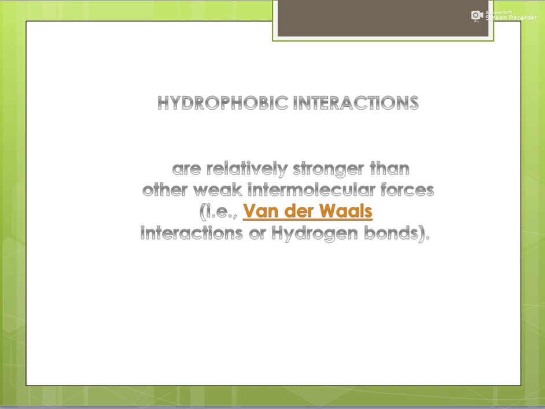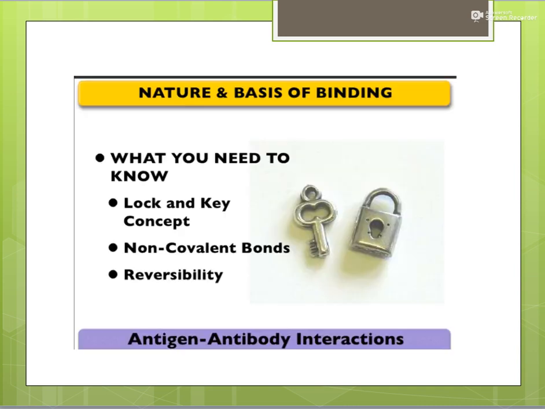Now, we'll move on to a case where all these non-covalent forces are present. Consider the case of an antigen antibody reaction. In an antigen antibody reaction, we know that each antigen is specific to an antibody.